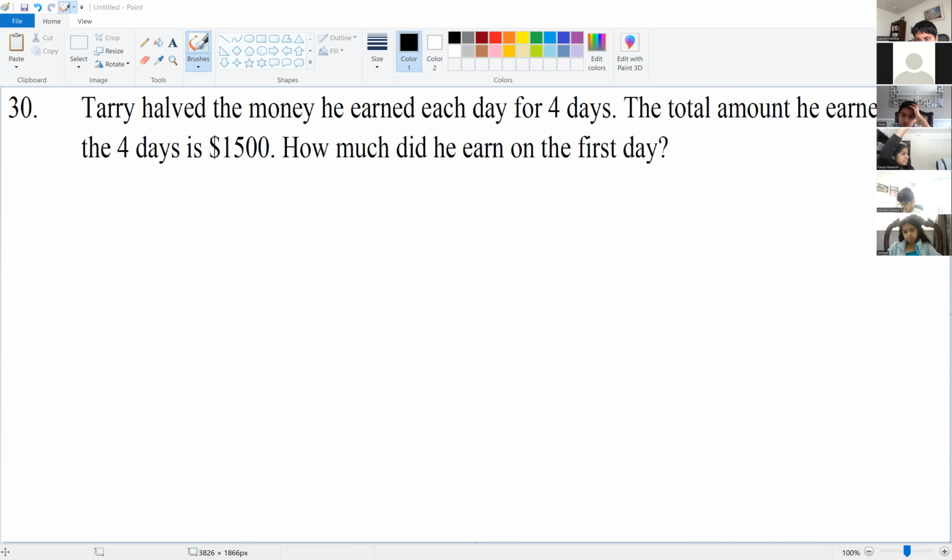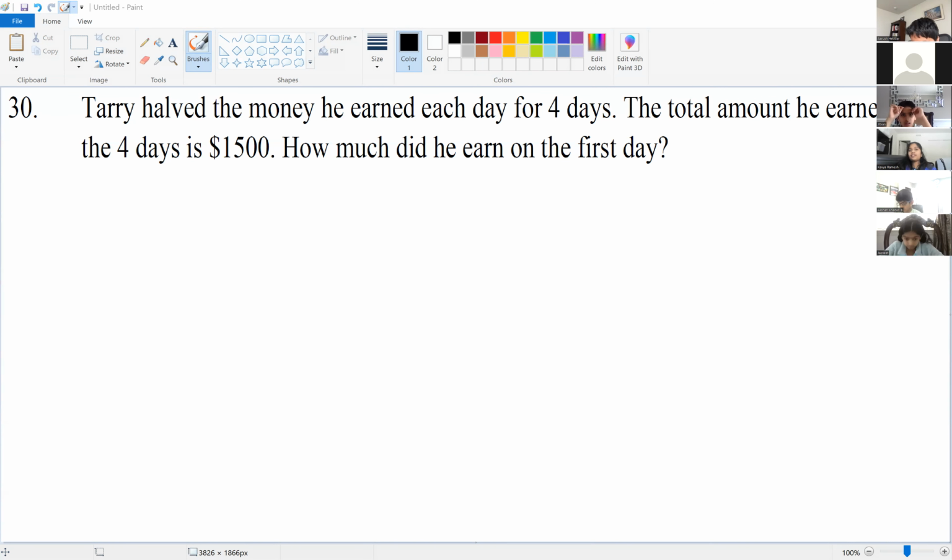So it says Terry halves the money he earned each day for 4 days, and the total amount he earned over 4 days is $1,500. How much did he earn on his first day? Well, to do that, on the first day he would earn X, and then on the second day he would earn X over 2, and then X over 4, and X over 8.